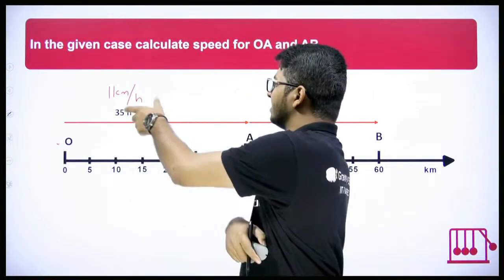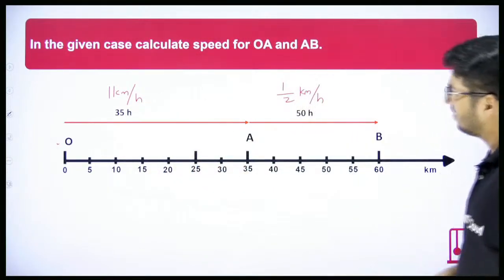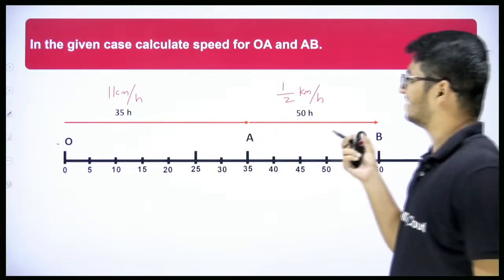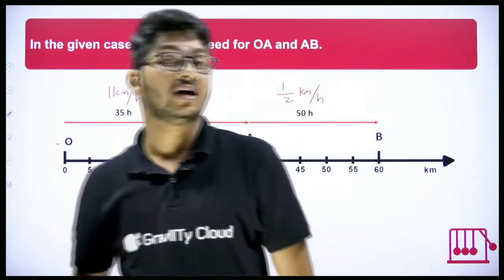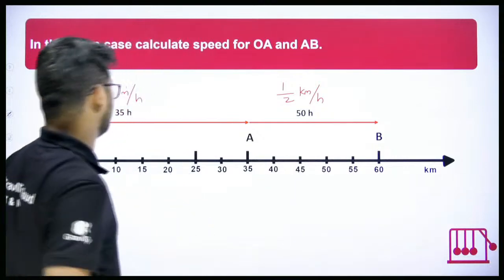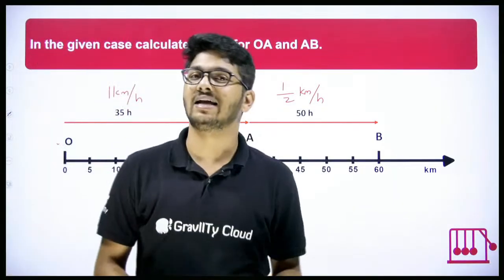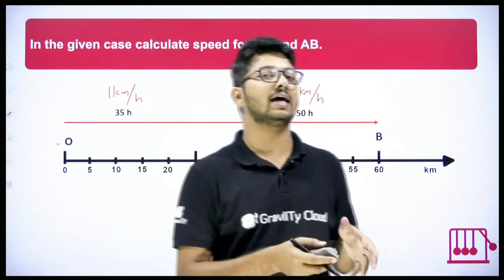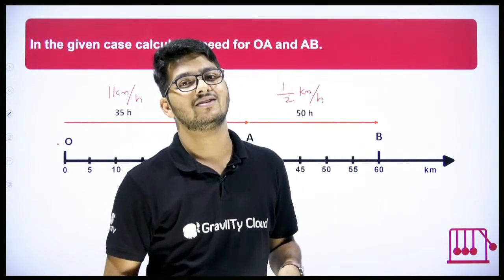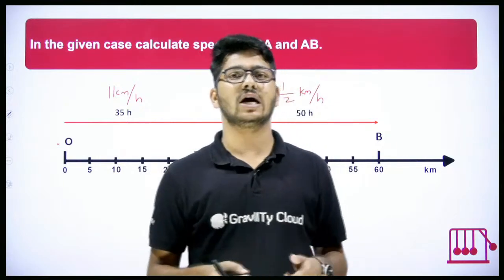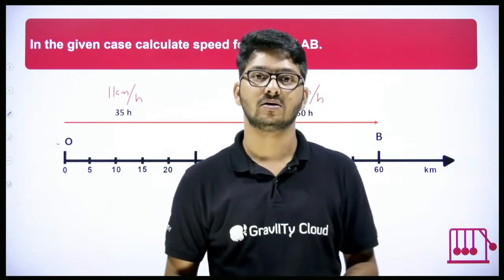Will you tell it as 1 kilometer per hour or half kilometer per hour? I'm asking you for the complete motion O to B. You have two different speeds, so you can't tell it as 1 or as half.